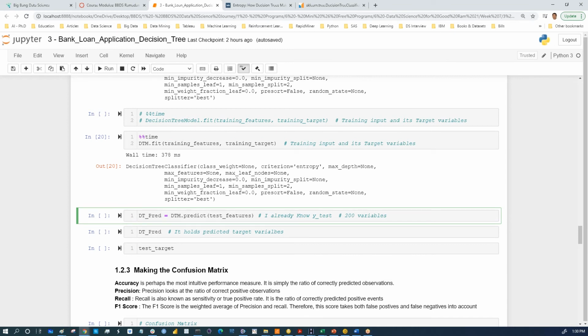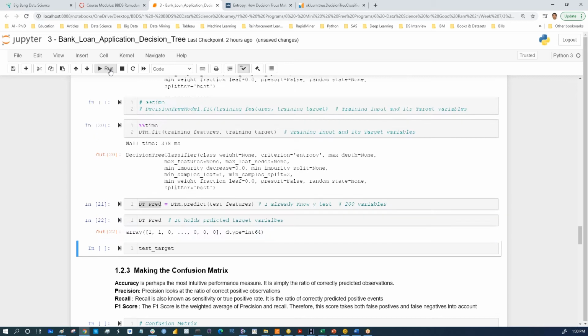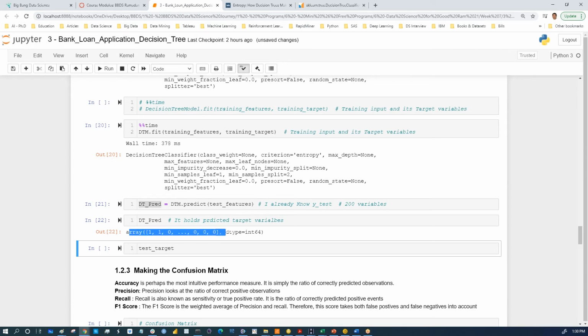Sure, thank you. So now we are going to predict on X only, and we are going to store it on this object. And it's done. Now let's take a look. What do we have in this object? We got 1, 1, 0, 0, 0, 0. So how many values do you think we are going to get?